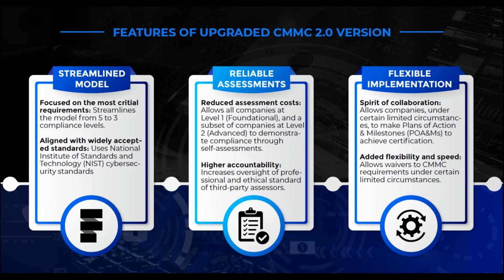Let me tell you something from my side: not many companies will go for expert, because it requires super critical national security information, and the audits are led by the government. And of course, there is flexible implementation: it can have a plan of action, milestone-based implementation, and allows waivers under specific limited circumstances. So this flexibility has come into the implementation.